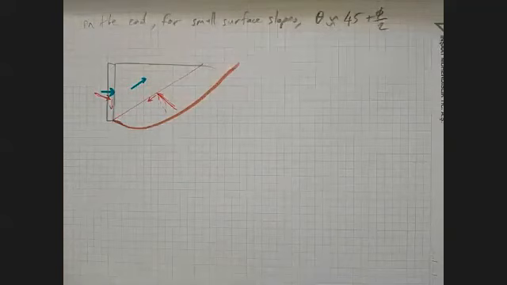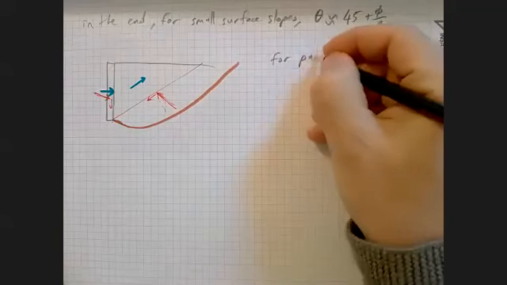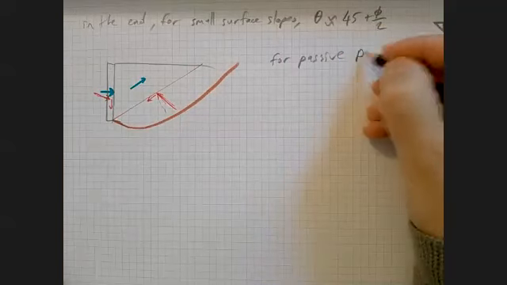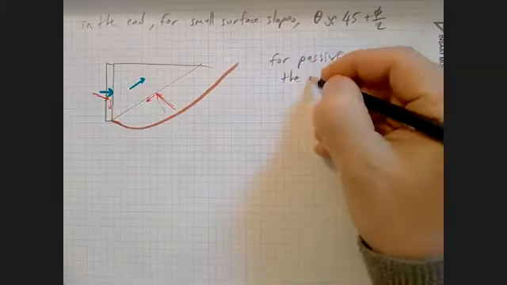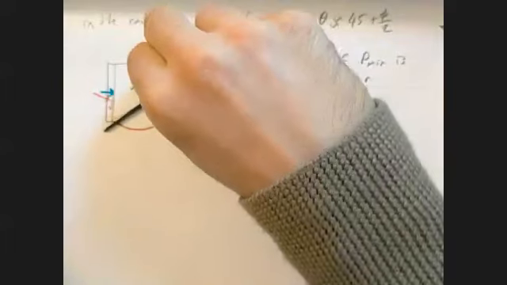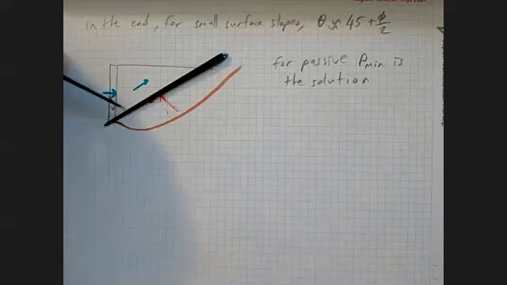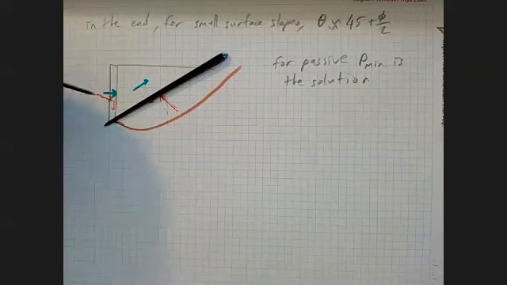but this time for passive, P min is the solution. And here, when you have your surface like that, you are pressing towards the surface, so you can generate greater passive resistance here.